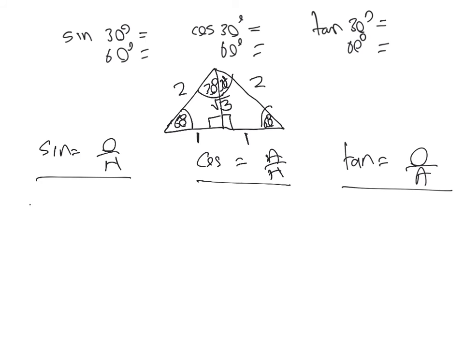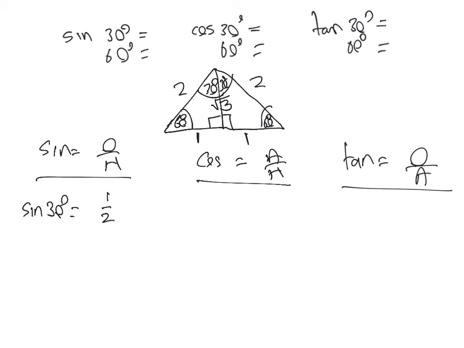So for 30 degrees, sine of 30 degrees equals opposite over hypotenuse. We have to be careful here because the 30-degree angle's at the top, in one half of the equilateral triangle. So if we consider that's 30, its opposite is 1, and the hypotenuse is 2. So sine of 30 degrees is a half.